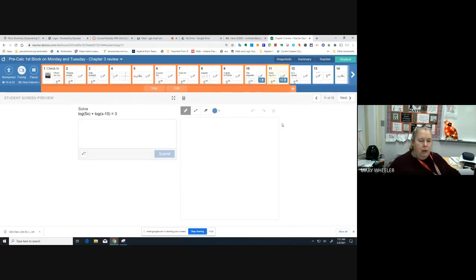We get to solve one. What I noticed right away on screen number 11, that plus sign, I'm going to combine those guys. So I'm going to have log 5x times x minus 10 equals 3.